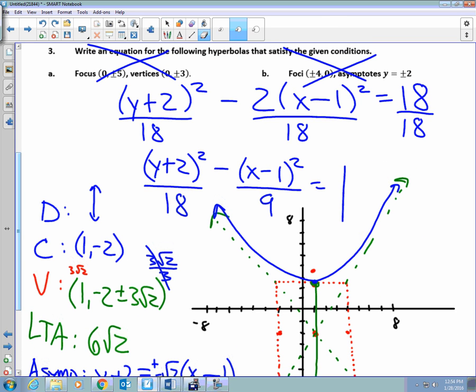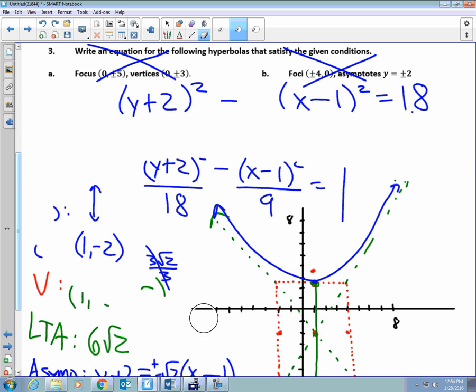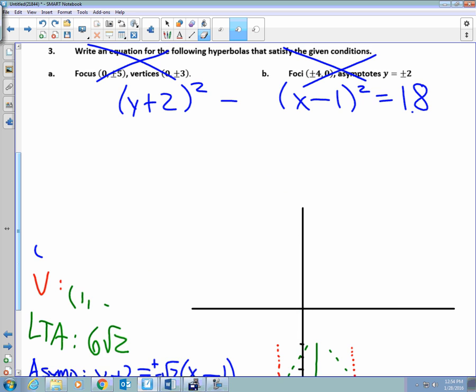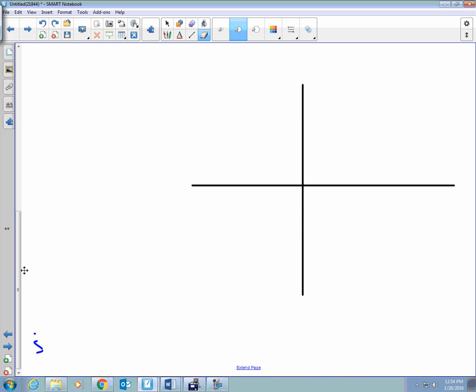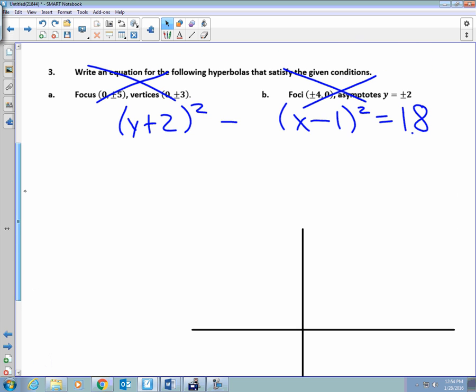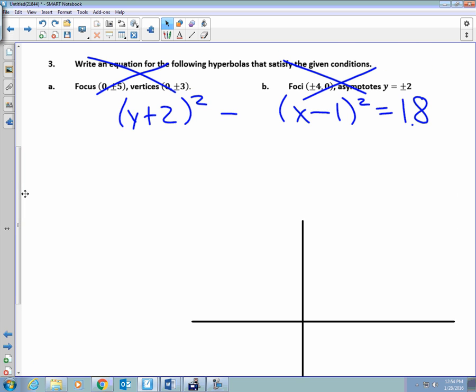We're going to go to, there we go. y plus 2 quantity squared minus 2 times x minus 1 quantity squared equals 18.